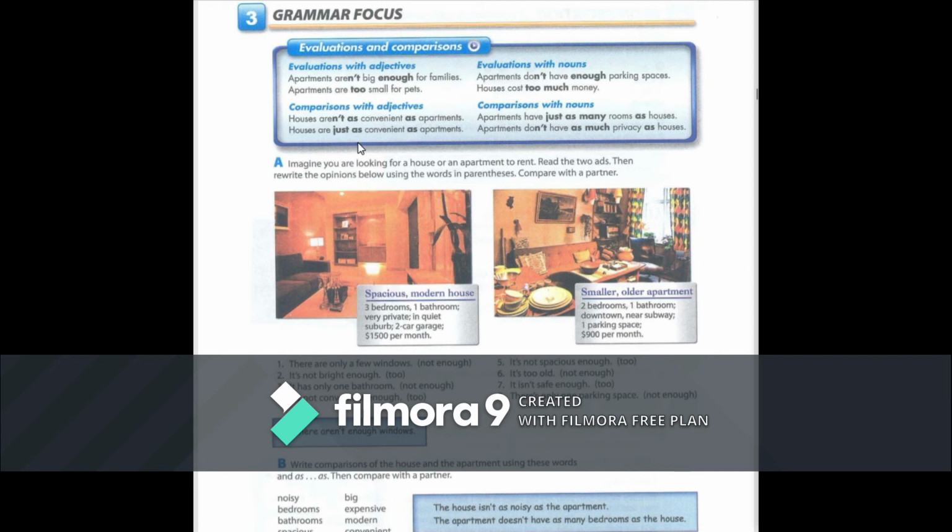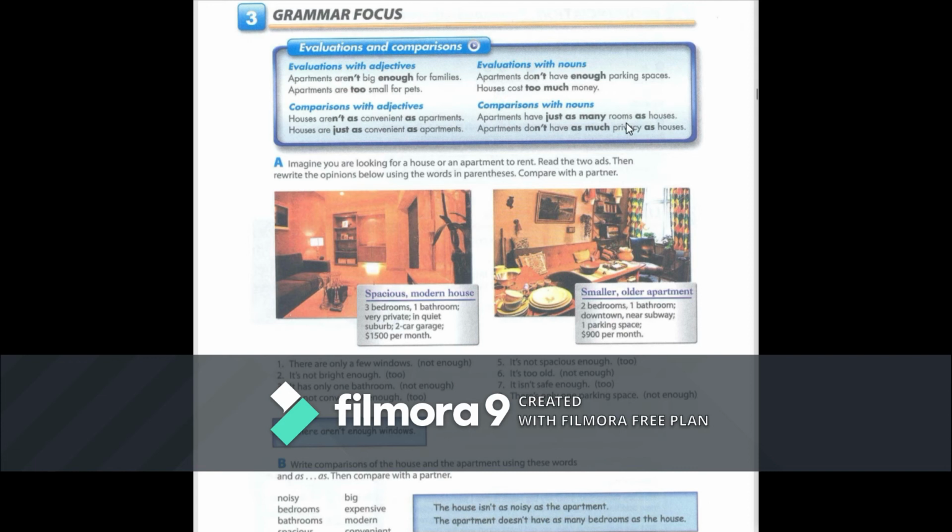Okay, when I talk about comparisons with nouns, because here we talked about adjectives. Convenient is an adjective. Now I want to talk about nouns, like rooms and privacy. When I say as many, I add a count noun, that I can count. Many is for countable stuff. When I say rooms, I can count the rooms in a house or an apartment, while privacy you can't count, so it's uncountable.